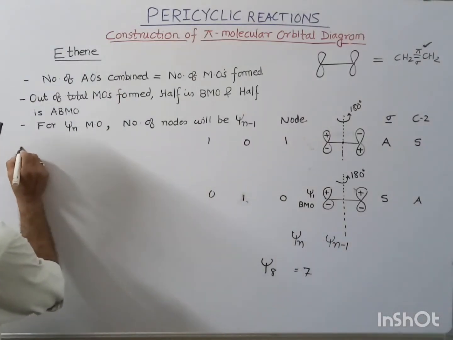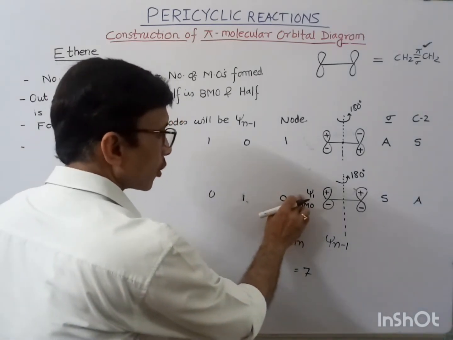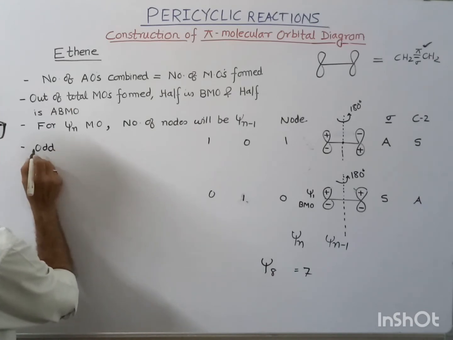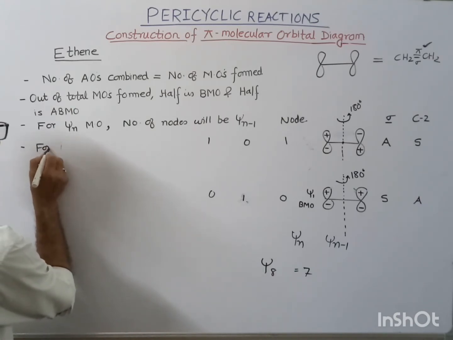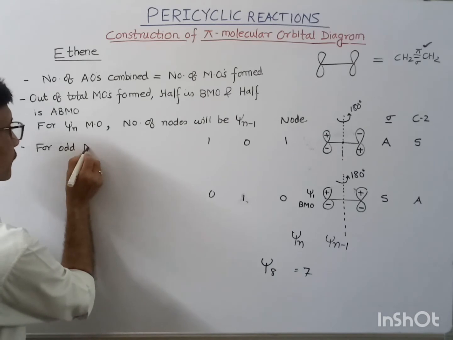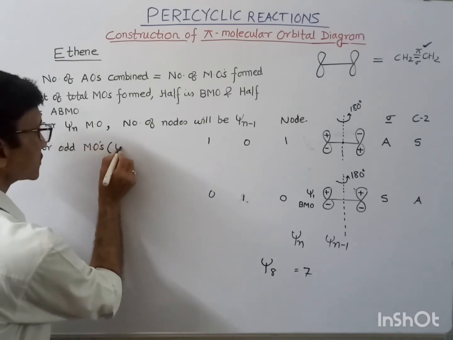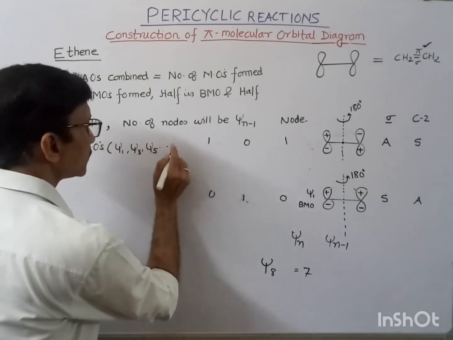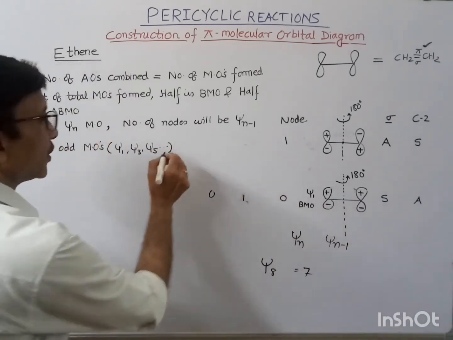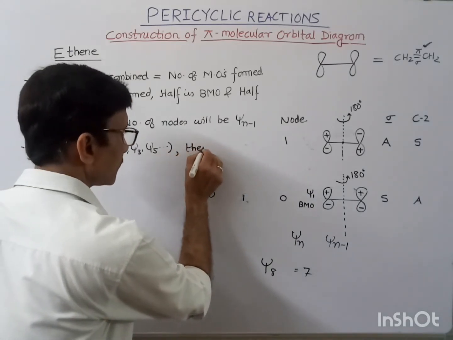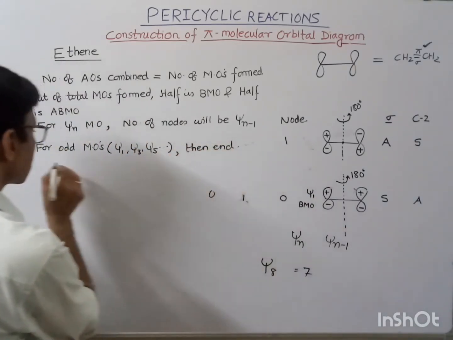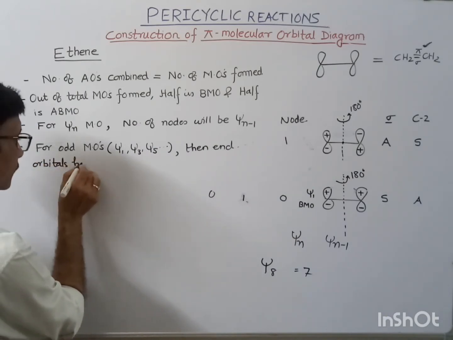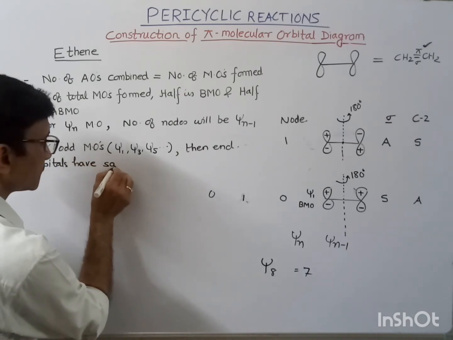So what I should write here: for odd molecular orbitals like psi 1, psi 3, psi 5 and so on, the end orbitals have the same sign.